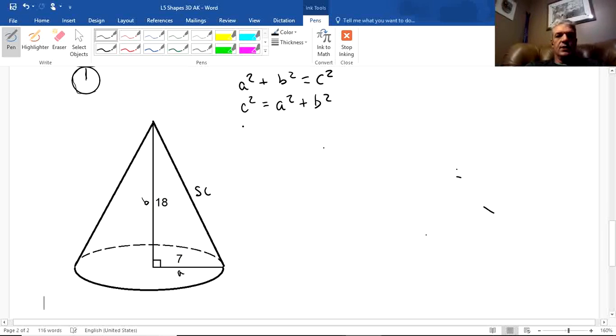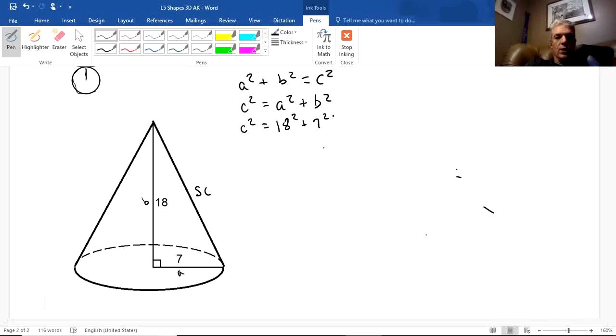So C squared is going to equal 18 squared plus 7 squared. Now, I don't know 18 squared off the top of my head, but that's what calculators are for. So I can go 18 squared, and that equals 324, and add 49, which is 7 squared, and that gives me 373.